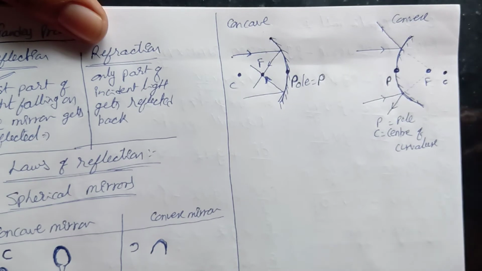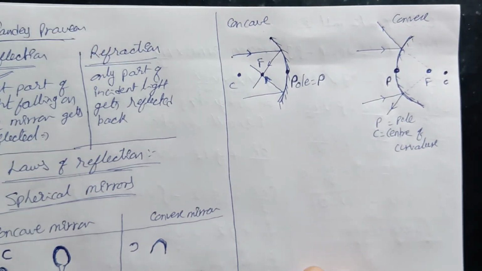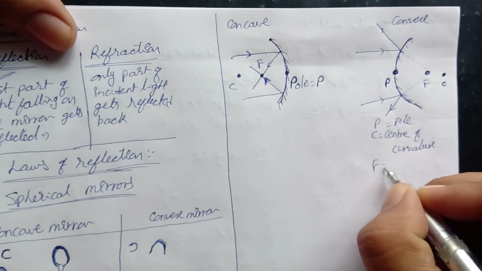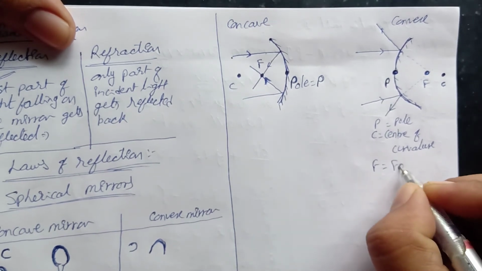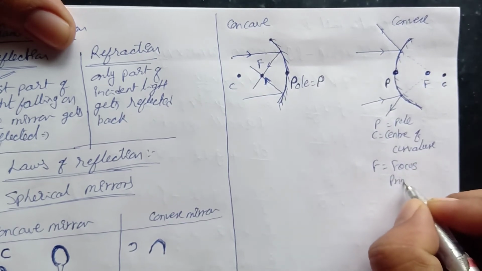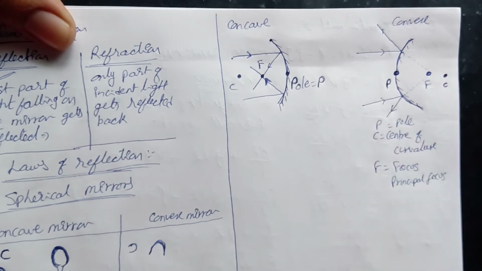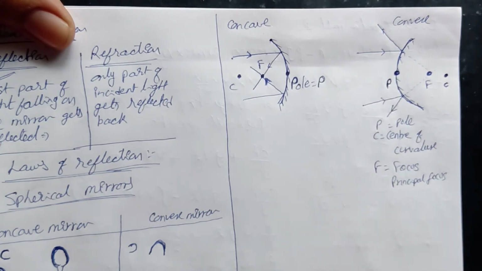So in a convex mirror, the focus is formed behind the mirror. Here F is called the focus or principal focus. So by now you should know what is pole, what is center of curvature, what is focus F.